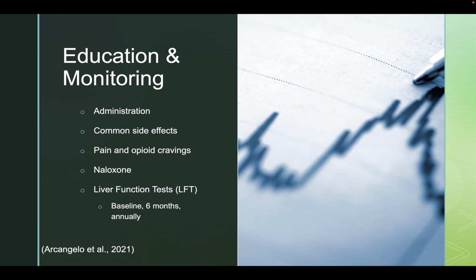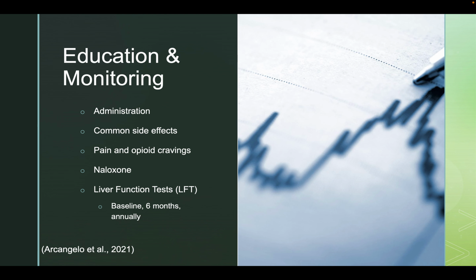Common side effects should also be a large part of the patient's education, and this includes what to expect and when to seek out medical help, like if they're struggling to breathe. Now, the anticholinergic-like effects, such as nausea, vomiting, drowsiness, dizziness, should be expected, especially when first starting the medication.